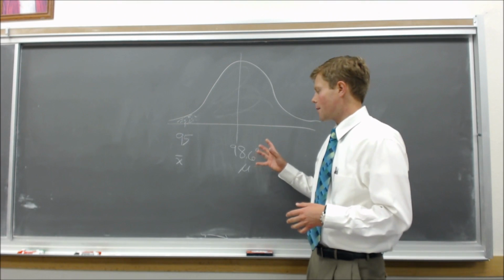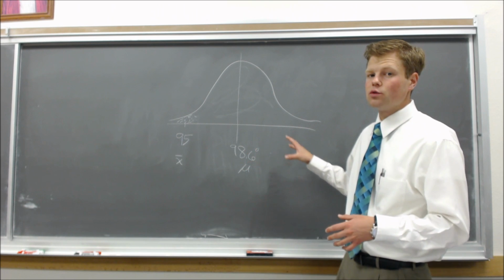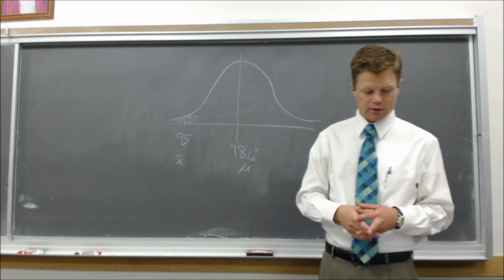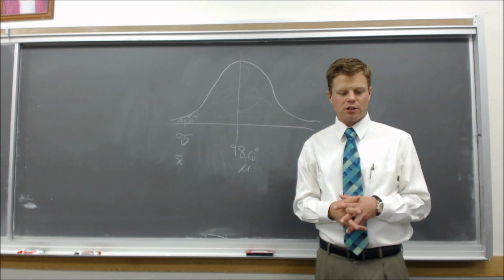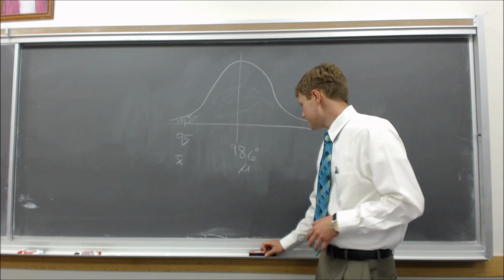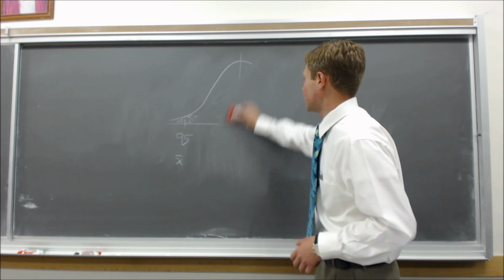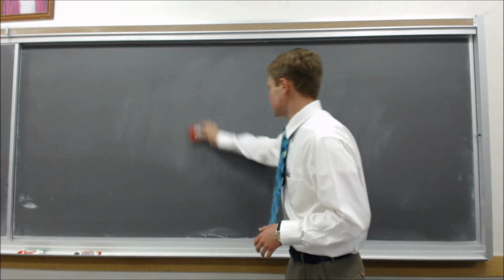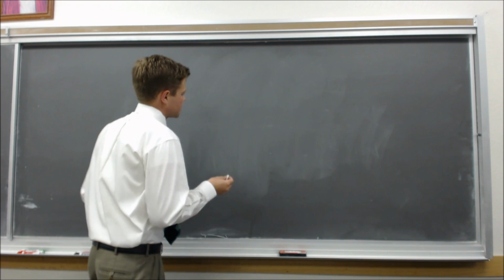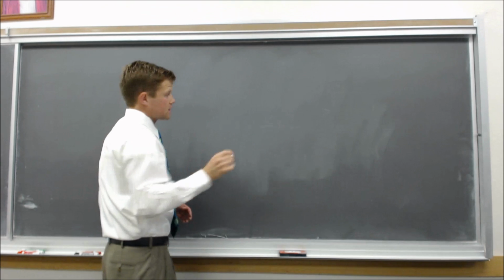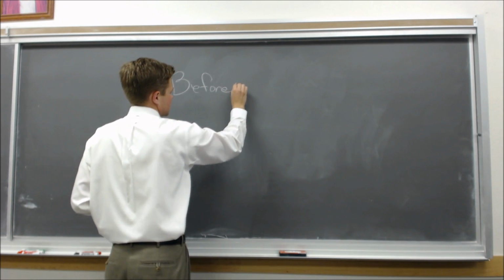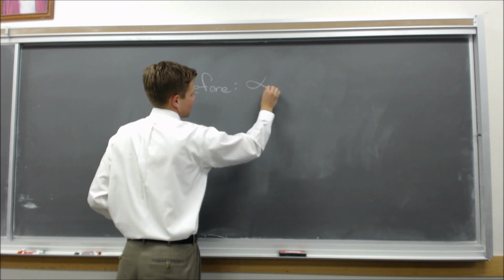Okay, so then after we get our p-value, that's when we will compare it to our level of significance, which was the alpha, which was answered in the previous question. If the p-value is lower than the level of significance, then we reject the null. And the other way around as well: if it's greater than, then we fail to reject. So remember, before the study, we choose our alpha.